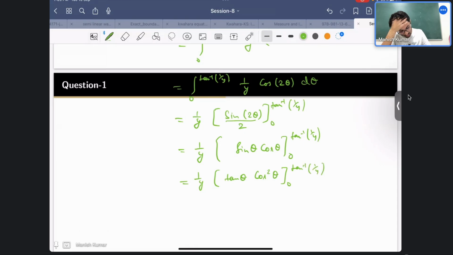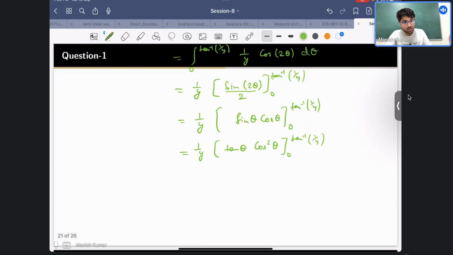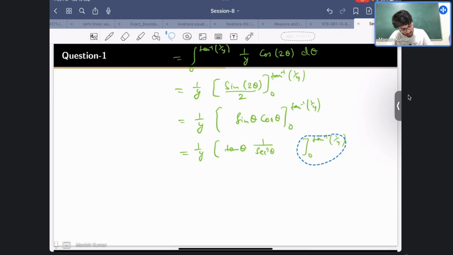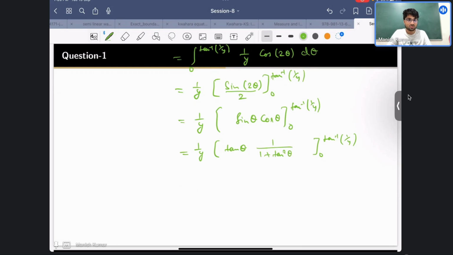And again cos square you can write as 1 by sec square theta, and now sec square theta can be written as 1 plus tan square theta. So instead of writing 1 by sec square, you can write 1 by 1 plus tan square theta. Why am I doing this? Because I want to remove this tan inverse, that's the only point.